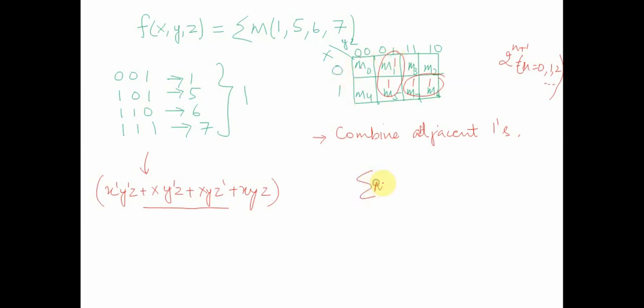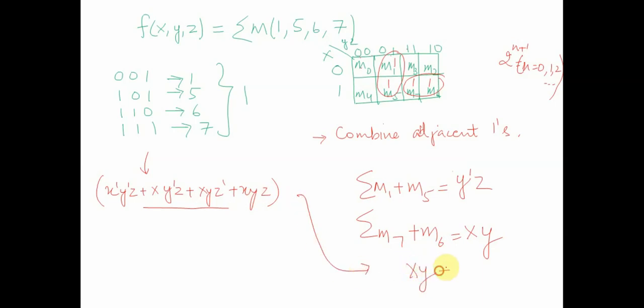So m1 plus m5 will always yield 0 1, which is y bar z. And m7 plus m6, if you move from here to here, my x remains constant and my y remains constant, both are 1, so it will be xy. So this circuit could be minimized to xy plus y bar z.